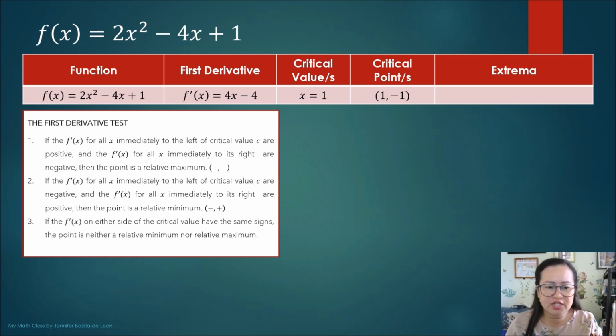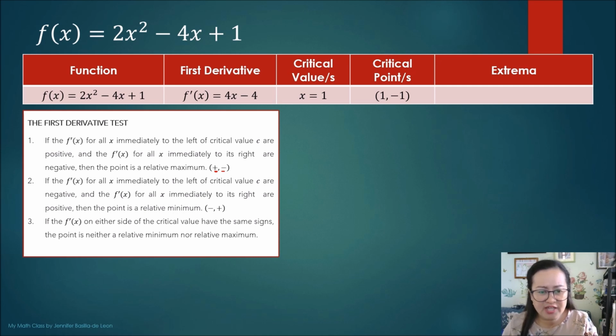The first condition is if the f prime of x for all x immediately to the left of critical value c are positive and the f prime of x for all x immediately to its right are negative, then the point is a relative maximum. So literally we will get a positive number and then on the right we have a negative number.